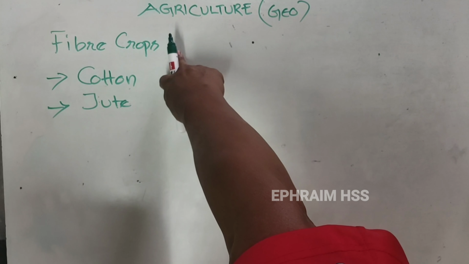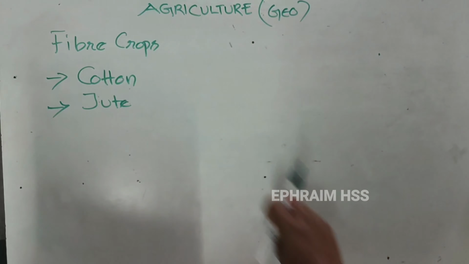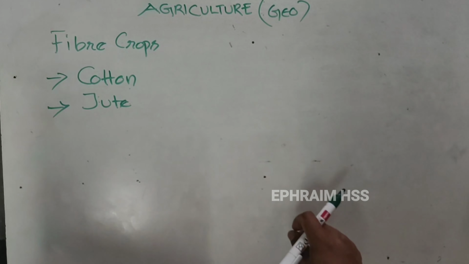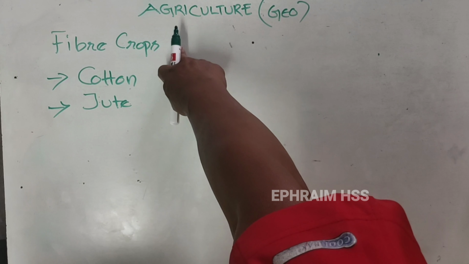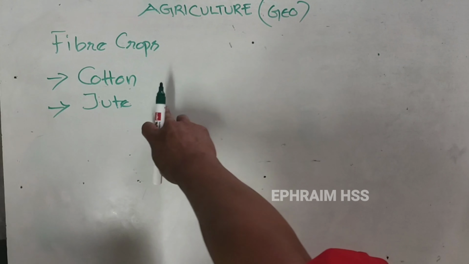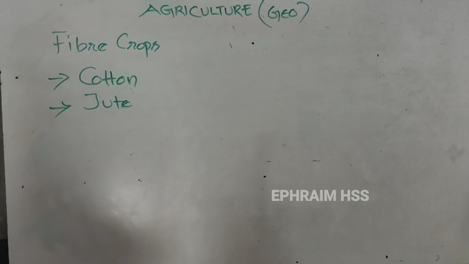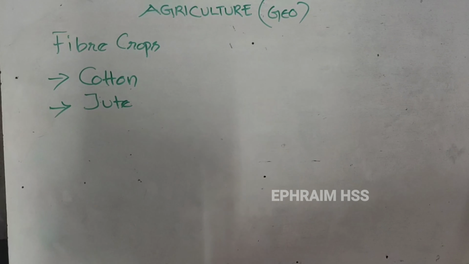Fiber crops. By fiber we mean thread for making textile. And under fiber crops, the two main crops grown in India are cotton and jute. And hemp is also grown, but it is not used commercially, though it is very similar to jute in texture.